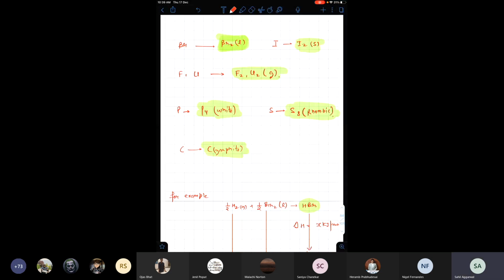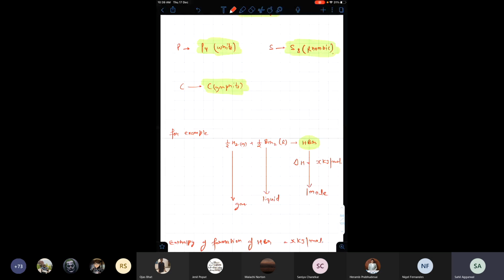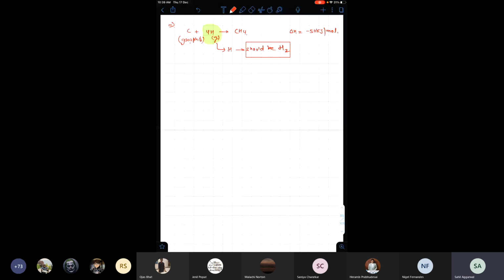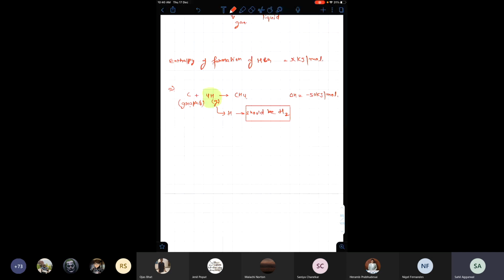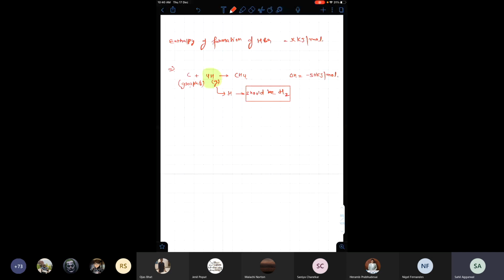For example, if you want hydrogen, then hydrogen should be in H2 form. If you want carbon, carbon should be in graphite. If you want chlorine, chlorine should be in gaseous form as well as in Cl2 form. Understood? Yes, sir. So you have to see standard state, then you have to answer.